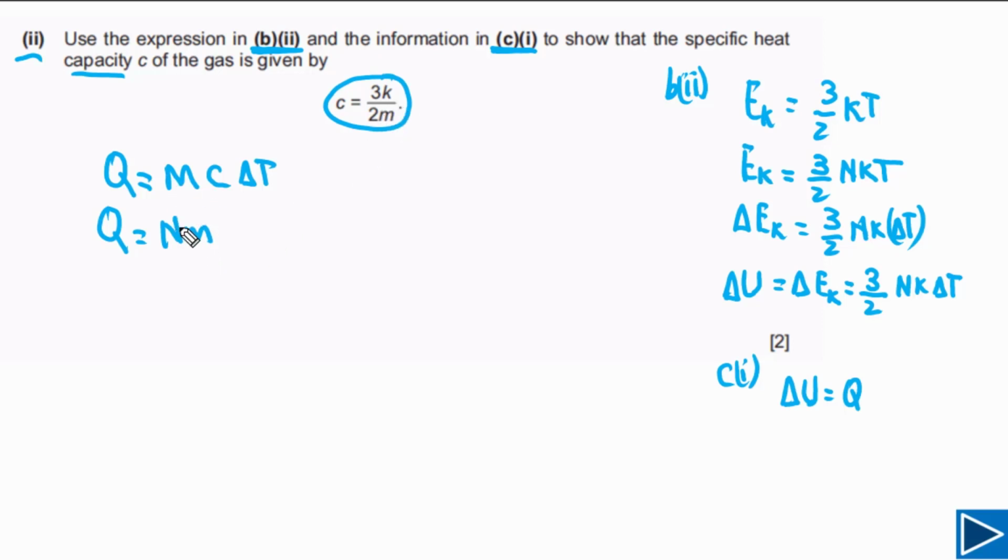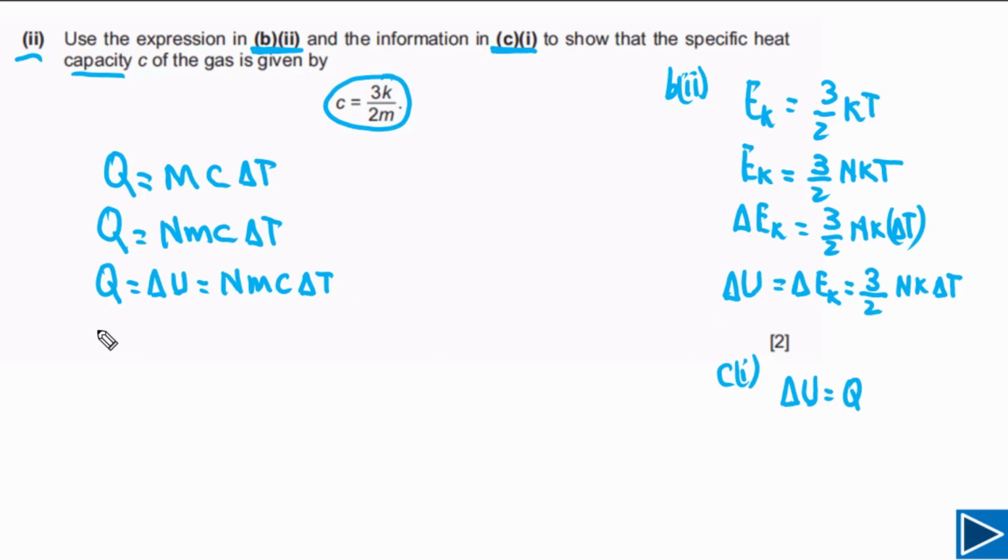So capital M we will replace with number of molecules times mass of single molecule. So we can say NmC delta T. But Q is equal to delta U. In part C1 we have discussed. So we can say Q is equal to delta U and this is equal to NmC delta T.